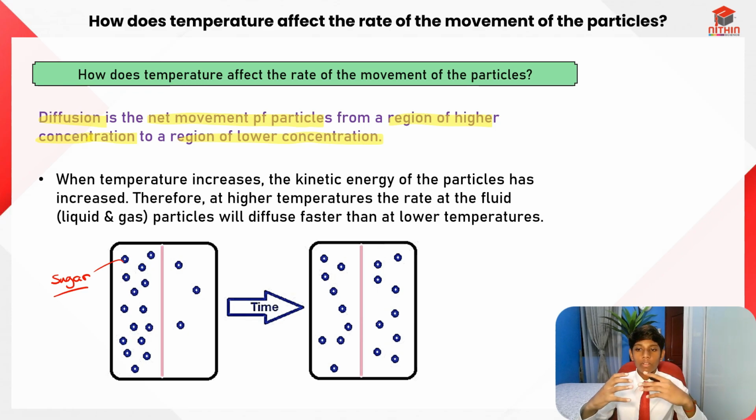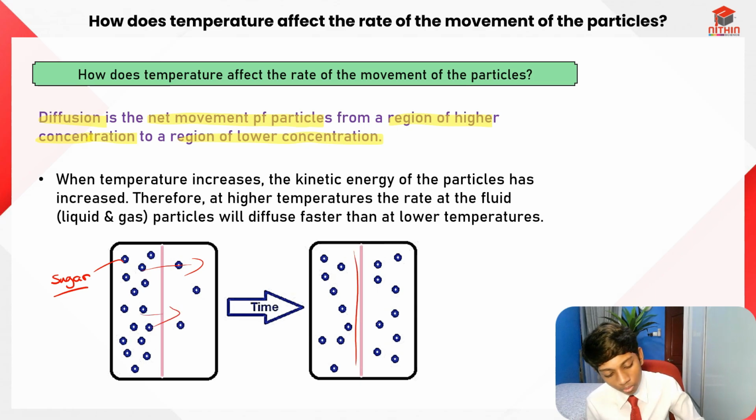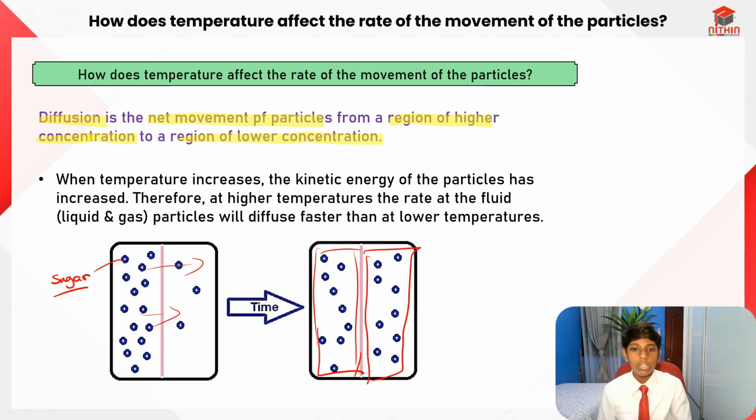Diffusion is after some time, the particles from this side will come out to this side to make it even. So the amount of particles on this side will be equal to the amount of particles on this side, or at least about the same.